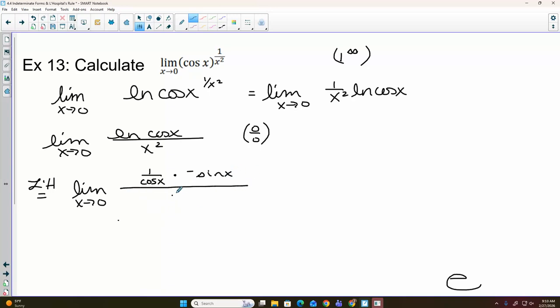Denominator, the derivative of x squared is 2x. If you want to clean it up, we have negative sine over cosine. What is sine over cosine? So we could write it as negative tangent x over 2x.